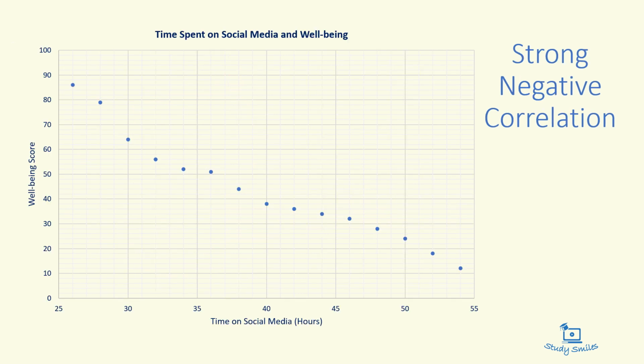Now let's look at an example of strong negative correlation. As time spent on social media increases, well-being score decreases. We can see the line made by the data points goes in the opposite direction to the positive correlation. This is also a very clear, almost straight line of data points, so we would term this a strong negative correlation.